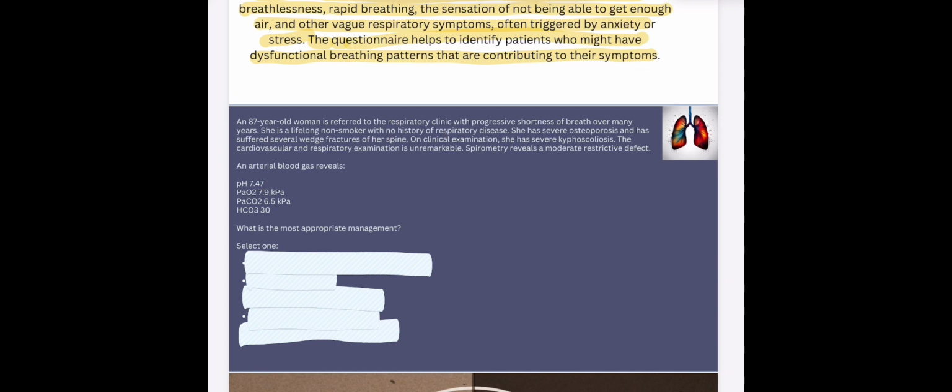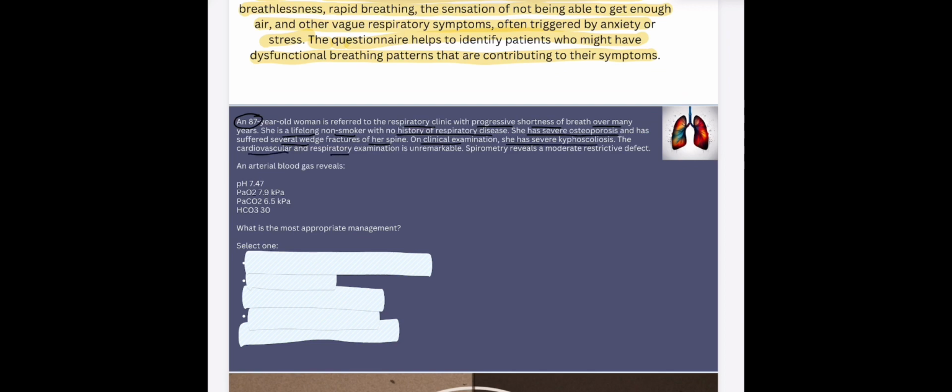Next question. An 87 years old woman is referred to the respiratory clinic with progressive shortness of breath over many years. She is a lifelong non-smoker with no history of respiratory disease. She has severe osteoporosis and has suffered several wedge fractures of her spine. On clinical examination, she has a severe kyphoscoliosis.